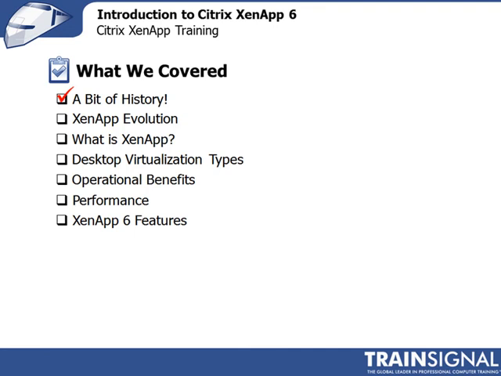We talked about the different evolutions of XenApp, where XenApp came from. It started with Multiview for OS/2, then moved on to WinFrame, the first version that was a fully prepackaged product on the Windows platform. Then it went to MetaFrame, the first version that was a standalone product installed on top of Windows.